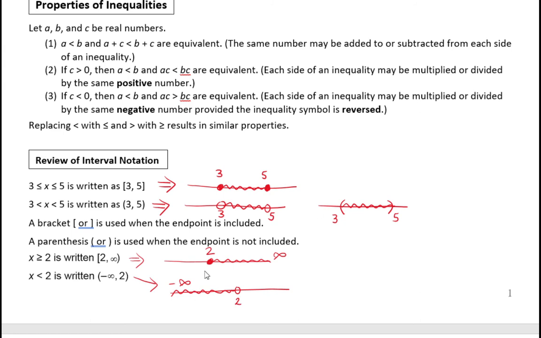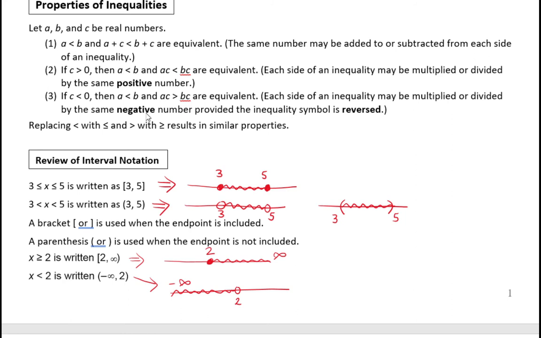I hope this part is clear. It's a review of interval notation: a bracket if the point is included, and a parenthesis if the point is not included. This is how we work with intervals.